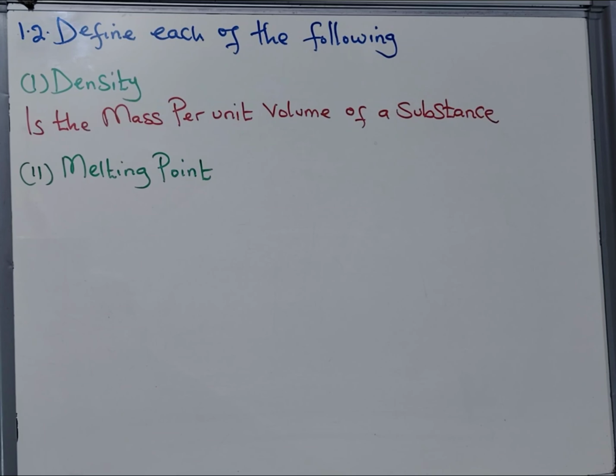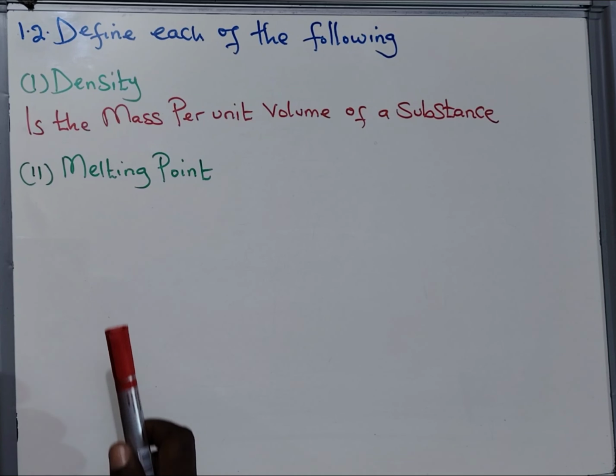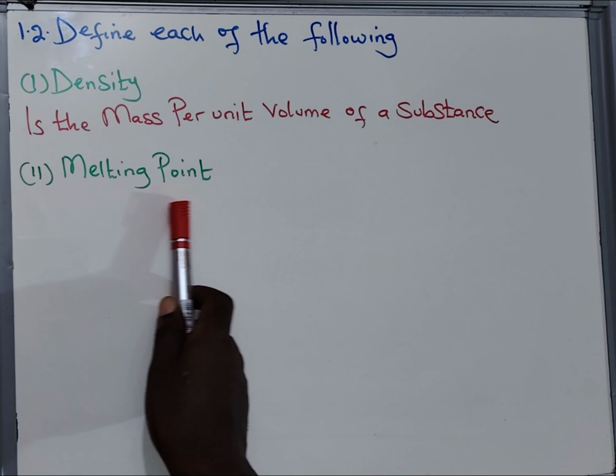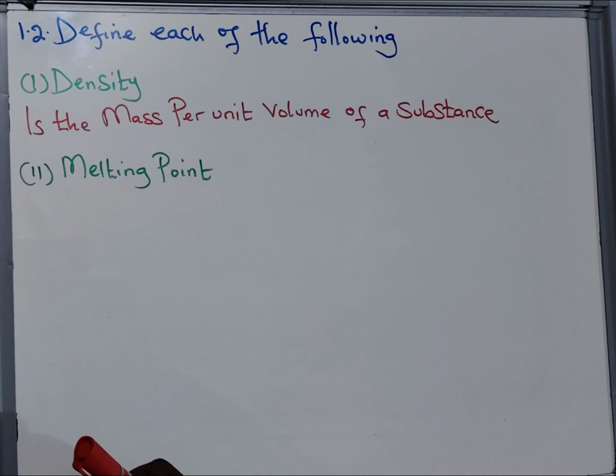Then comes this one. It says define melting point. How do you define melting point? Melting point is the point when a solid, when subjected to heat, changes into a liquid.